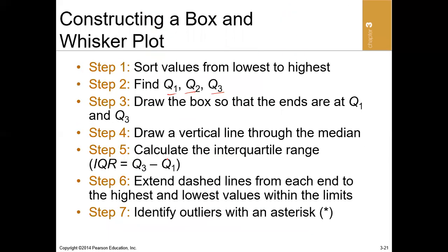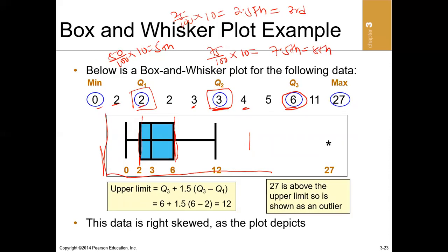Now, the next step is to draw a vertical line through the median. So we have to divide the box at the median, which is 3. The graph can have a scale like this: 0, 1, 2, 3, 4, 5, 6, 7, 8, 9, 10, 11, and then 12.